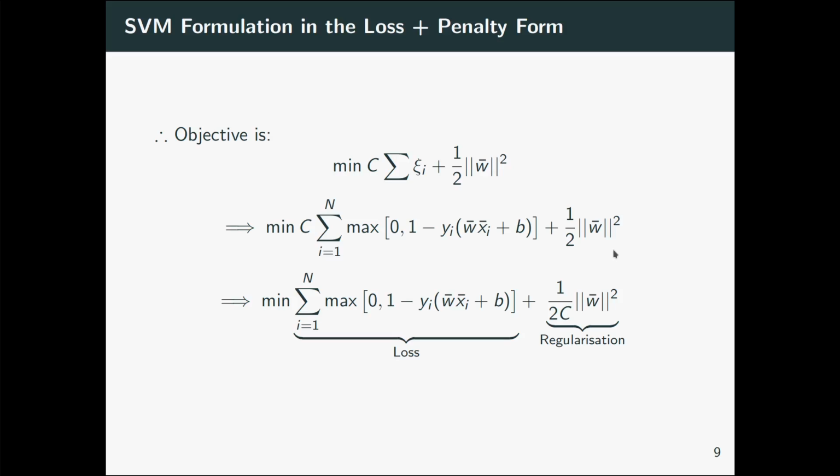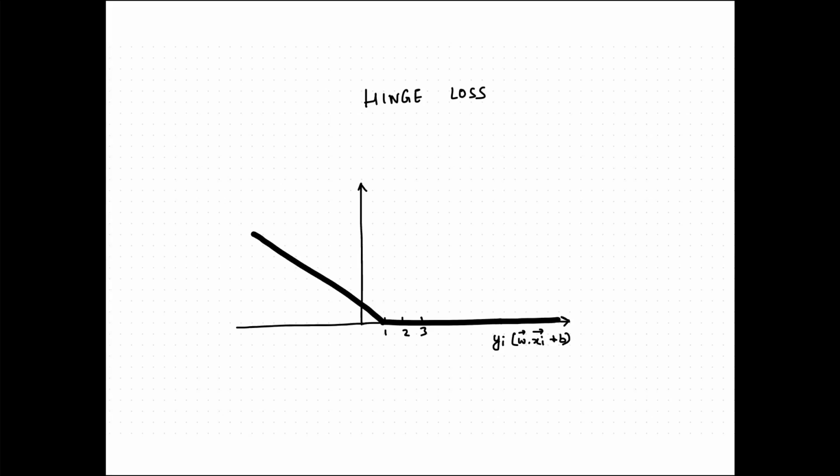Now this should look fairly similar to ridge regression or lasso, because there also we had a loss. There we were using the squared loss, and here instead we are using something known as the hinge loss, and then there's the regularization term. If we notice carefully the hinge loss, we can see that it is of the following format.